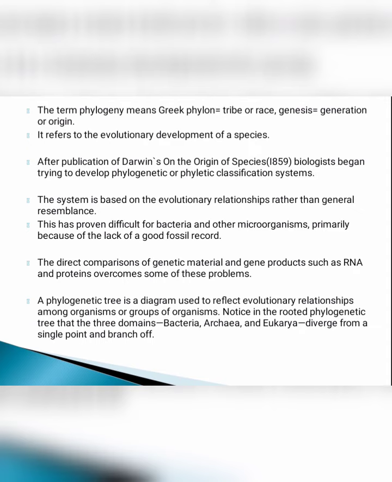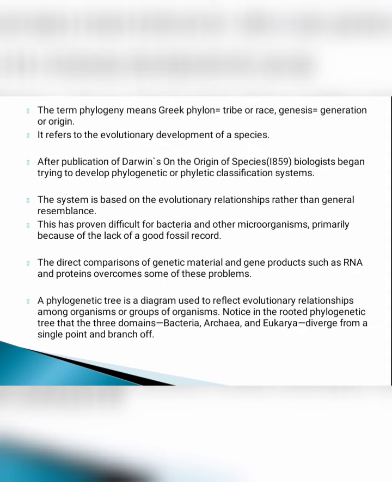The direct comparisons of genetic material and gene products such as RNA and protein overcome some of these problems. A phylogenetic tree is a diagram used to reflect evolutionary relationships among organisms or groups of organisms.